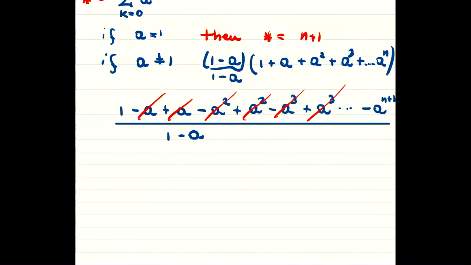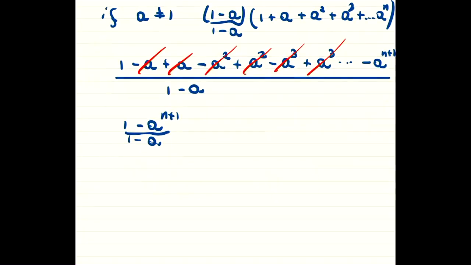So we get this nice formula: 1 minus A to the power n plus 1, divided by 1 minus A. This is true all the time, if A is different from 1. And if A is equal to 1, I even get an easier answer. So I cover all the cases. Are we good? Something special happens if A is between minus 1 and 1, something special happens.